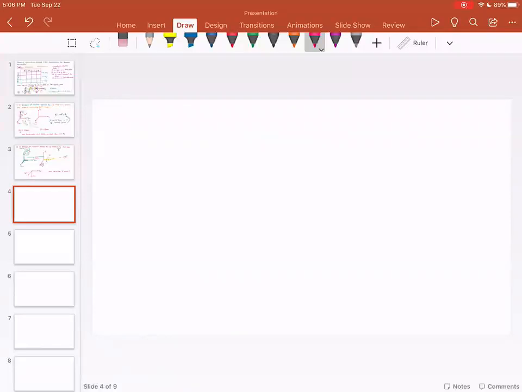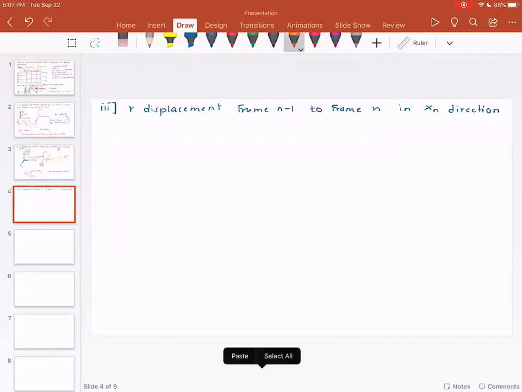Now the third rule is r displacement is from frame n minus 1 to frame n in xn direction. So once again, let me try this.